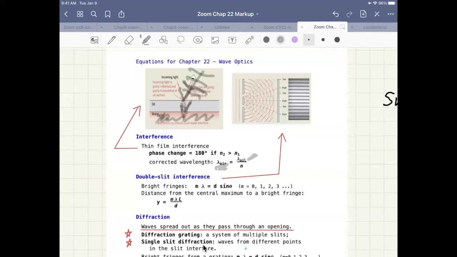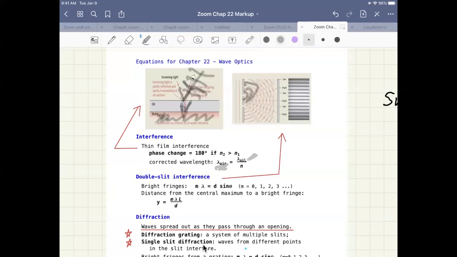Or here is the example in section 2, double slit interference. You have waves coming in and hitting two openings in an opaque surface. Well, the waves will come out of the two openings, the two slits, and spread out because of diffraction.